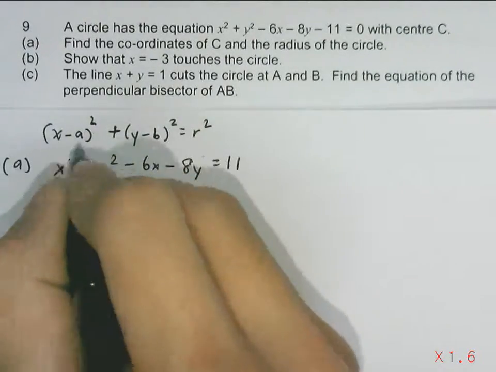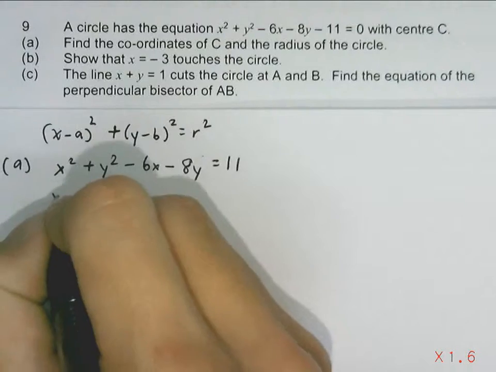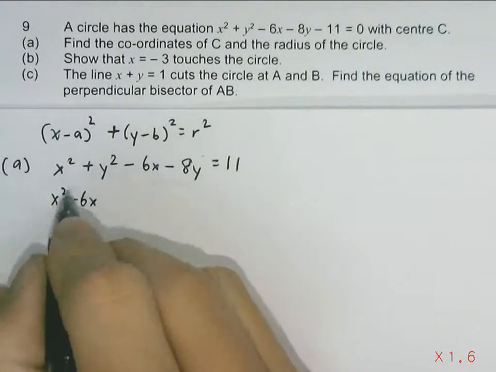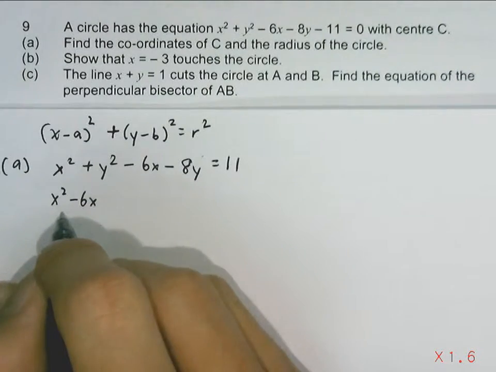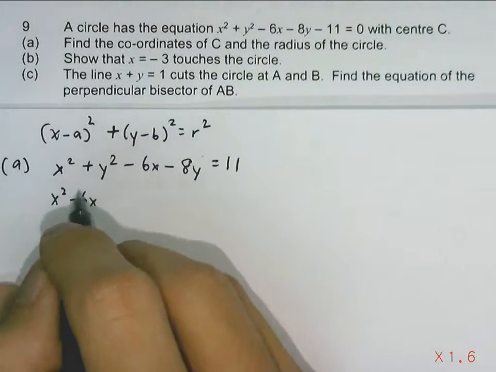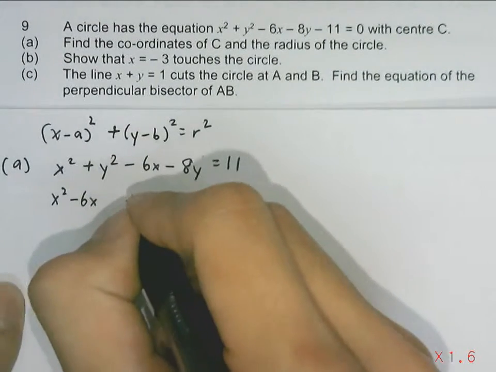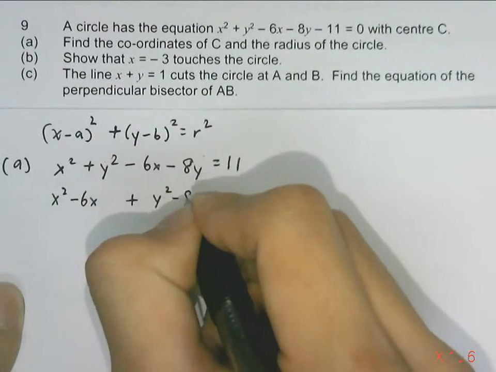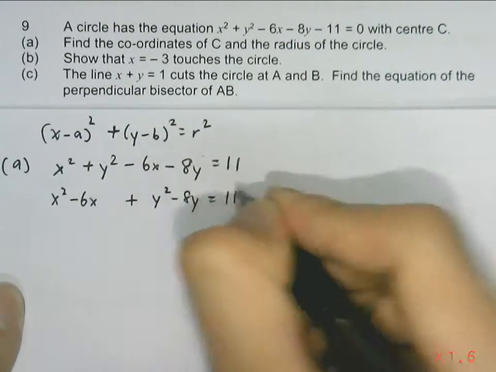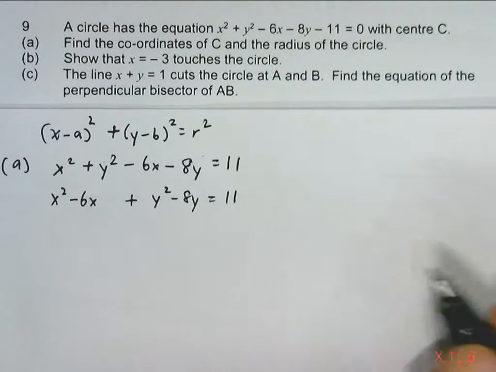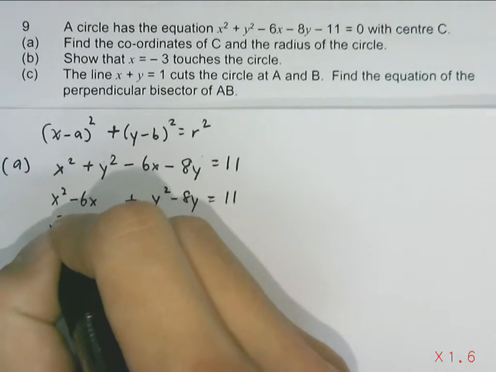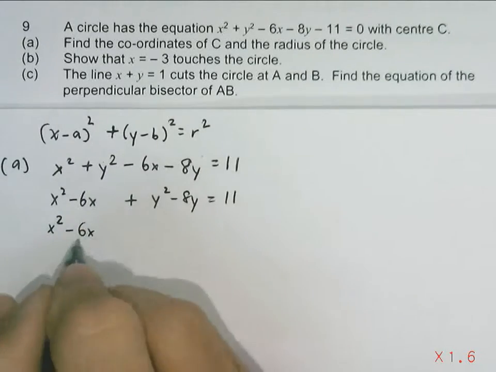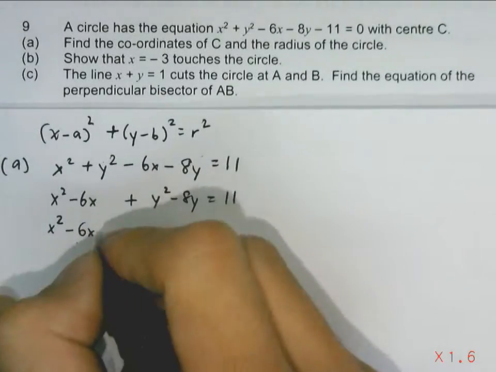We group the x terms up, x squared minus 6x, so that the x terms can be factorized into a perfect square, and the y terms together. Completing the square means we need another term, which is half of this coefficient, so that would be 3.